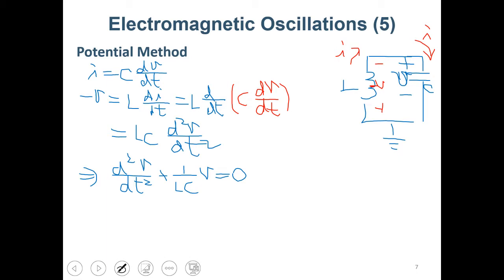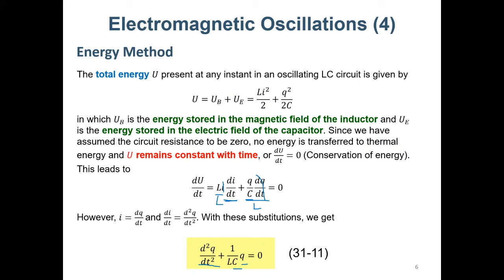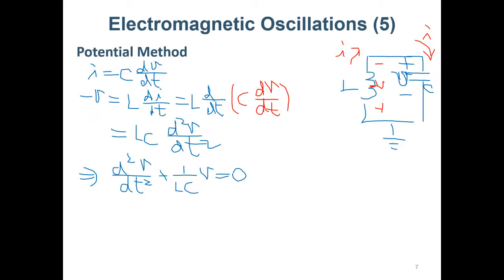But you may feel this is not exactly the same as the previous one. In this case, the variable is Q, but what I derived is actually V.